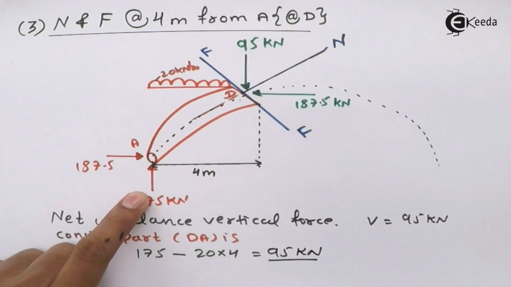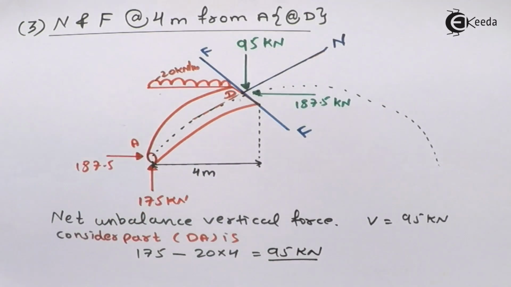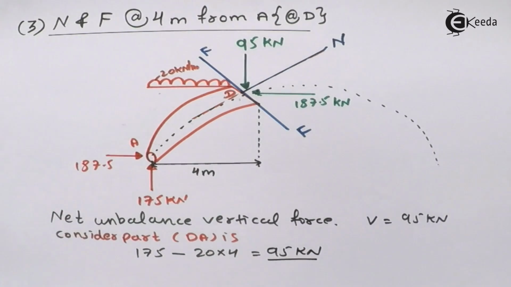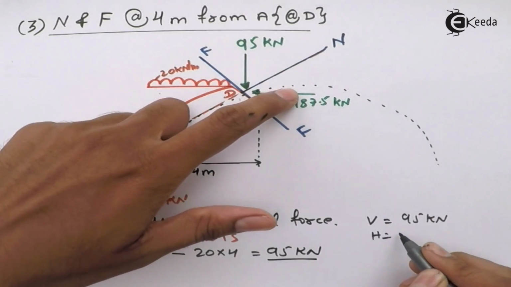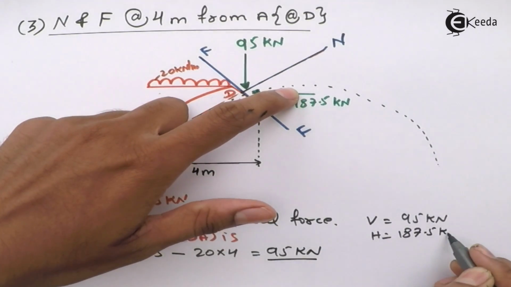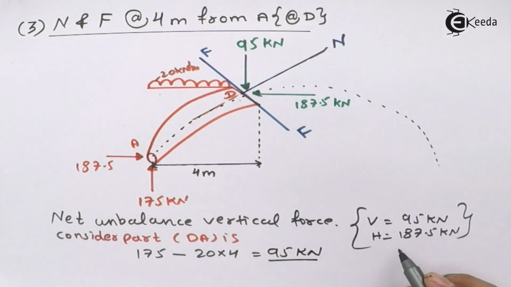See, 175 is going upward, 95 plus 20 into 4 is nothing but 175 going downward, means this part will now be balanced. Now this V will be 95 and H will be 187.5 kilonewton. Please remember this, it is used for the formula. At the time of the formula, you can use V and H.